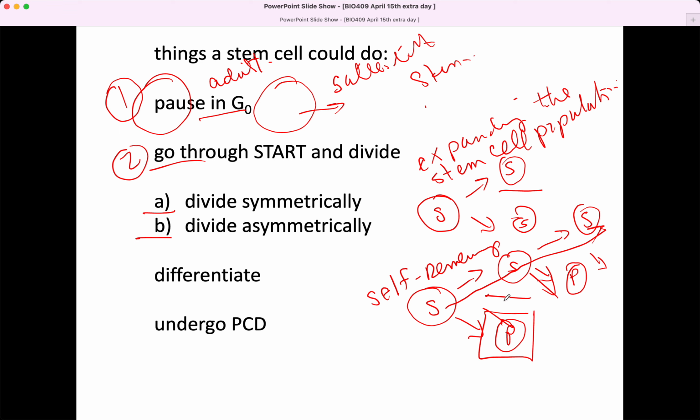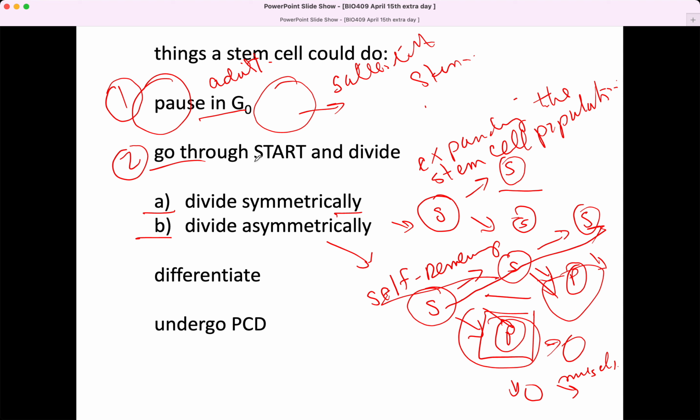And the precursor cell, for example, in a muscle satellite stem cell, could divide some, and it varies, but it's going to divide and then eventually differentiate and become things like a muscle cell for the muscle satellite stem cells, or a blood cell for the stem cells that are in our bone marrow, like that. So these are the two possibilities. You go through Start and divide, and if you divide, you can divide symmetrically, expanding the stem cell population, or asymmetrically, and having a self-renewing stem cell population sustained while you're producing precursor cells to play a role.